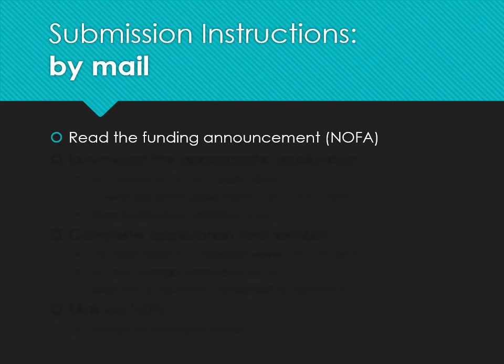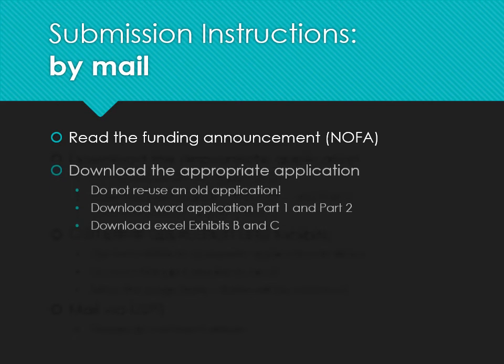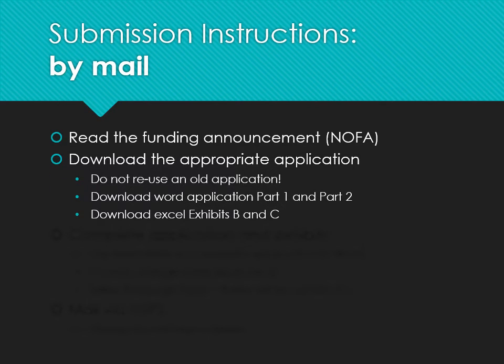So, to apply by mail, first read the funding announcement. Then download the appropriate application. Make sure, first of all, that you are not reusing an old application. This is a significantly different application than you've seen in the past, and most of the answers from previous years won't fit in the space available.